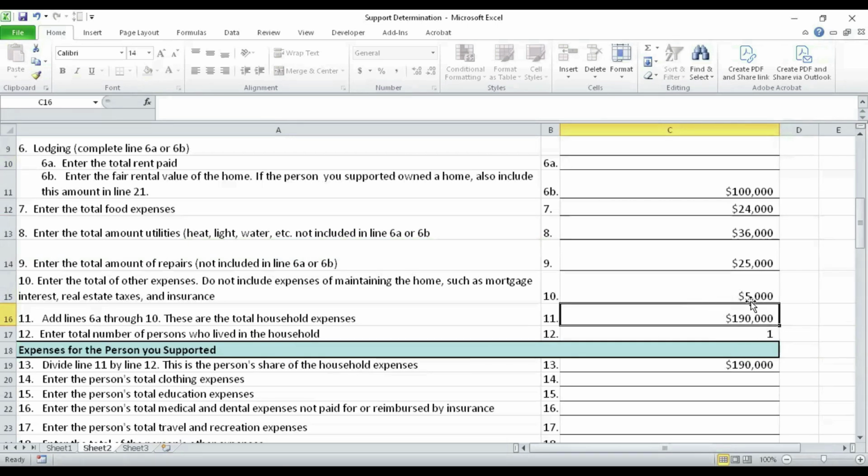So that all comes out to be 5,000. And for the number of people living in the household, he's the only one living there. So this is the total household expense. 190,000 is the total household expense.